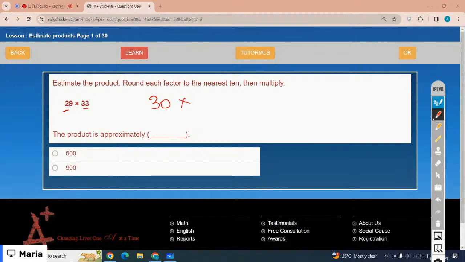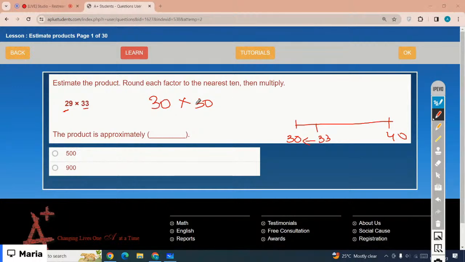Then you have 33. 33 is rounded to which 10? 40 or 30? 33 is rounded off to 30 because that is just three away. You can see here is 30 and here is 40. 33 is here, so 33 is near to 30.